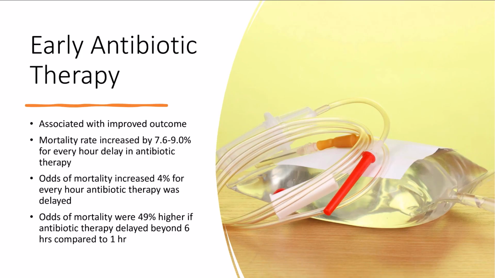For each hour that you or I delay antibiotic therapy in a patient with severe systemic illness or sepsis, the patient's risk of mortality increases by 7.6 to 9%. Wow. The odds of mortality increased 4% for every hour antibiotic was delayed in another meta-analysis, and the odds of mortality were 49% higher if antibiotic therapy is delayed beyond 6 hours compared to if it was given within the first hour of diagnosis of sepsis.